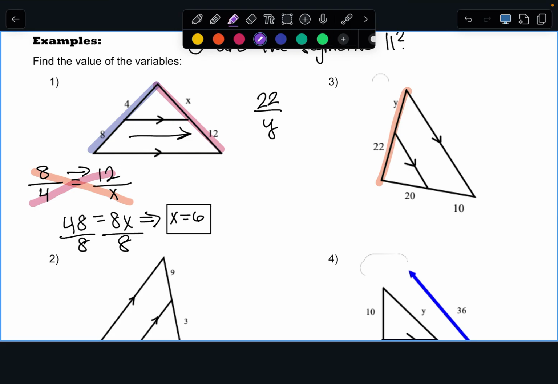Our other side that we need, its parts are 20 and 10. Which of these, out of the 20 and 10, which one should go with my 22? Which one's across from my 22 in the triangle? 20. It's directly across. So the 20 has to go on top. It corresponds with my 22. And then my 10 goes on bottom.